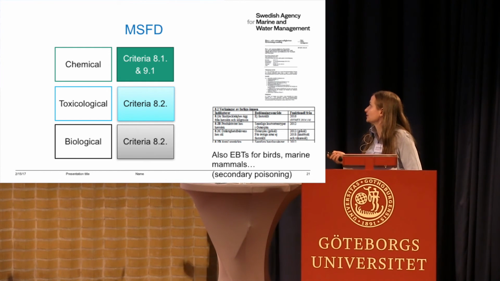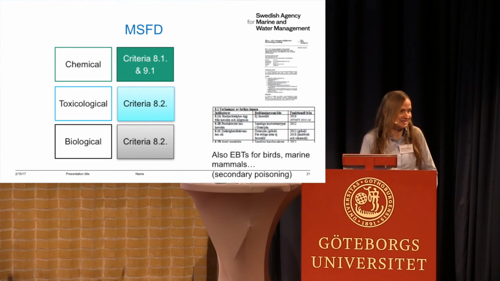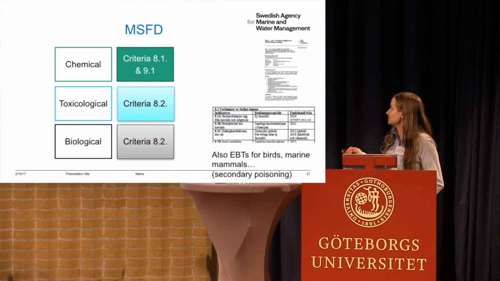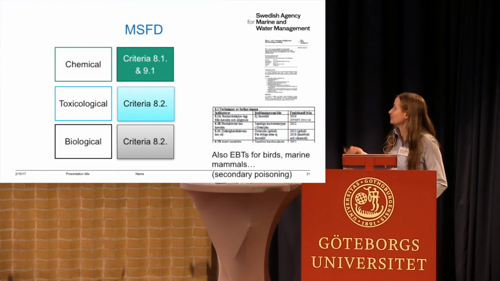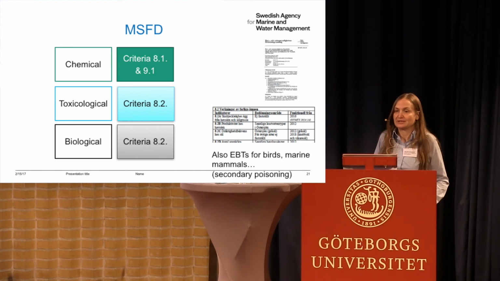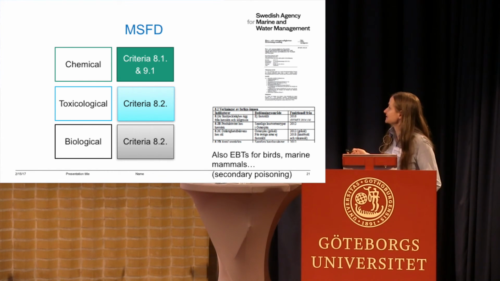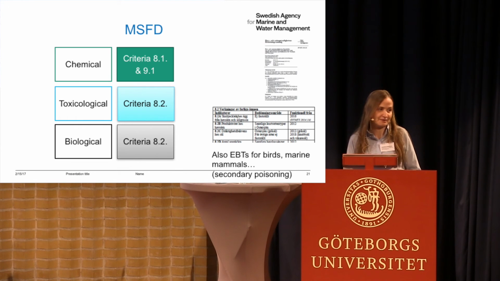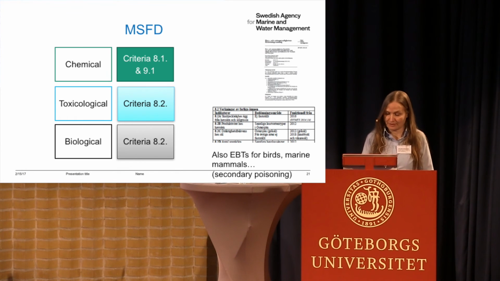In Sweden we already have a few of the effect-based tools in our regulation. And here it's a little bit interesting, because so far we have, for example, indicators on sea eagles, so it's also for birds and marine mammals. This is a way to assess the risks from secondary poisoning.